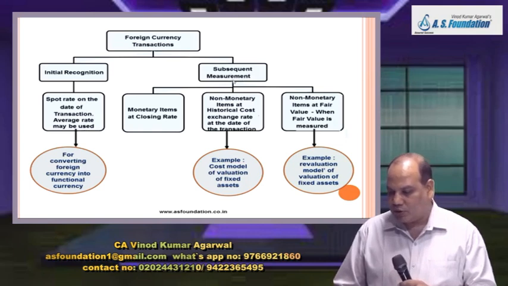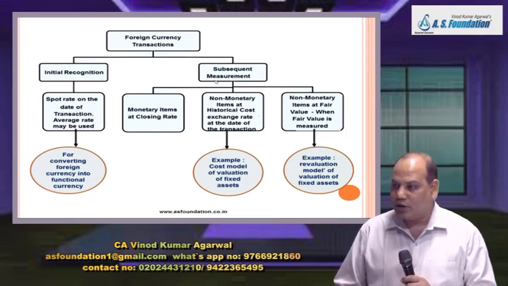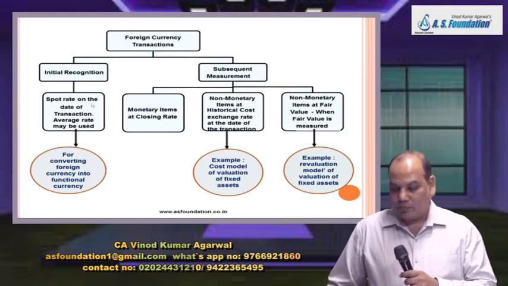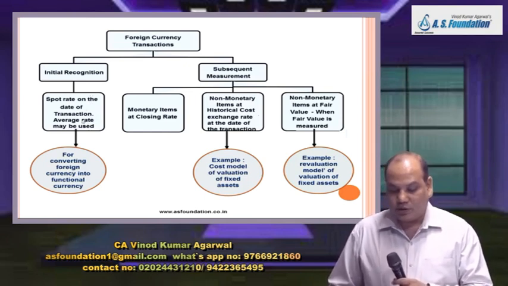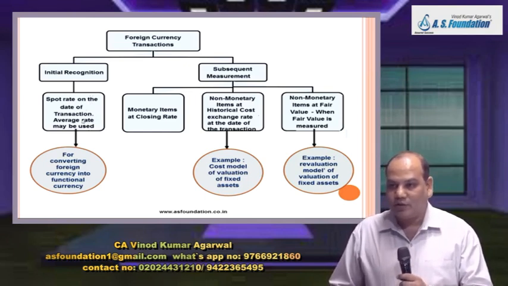What about subsequent measurement? Now we may enter into a transaction here, but the transaction may not be closed when we go to the year ending date, the reporting date. Debtors may be outstanding, creditors may be outstanding, loans may be outstanding. Then you might have purchased a fixed asset in foreign currency.